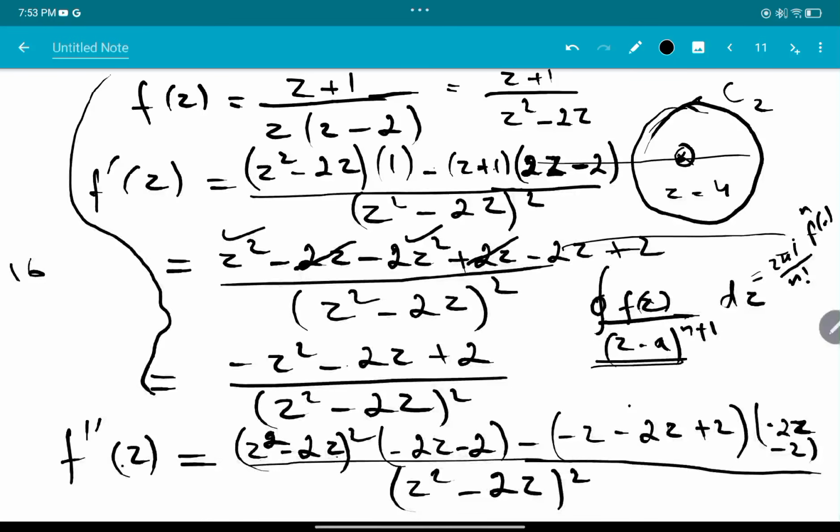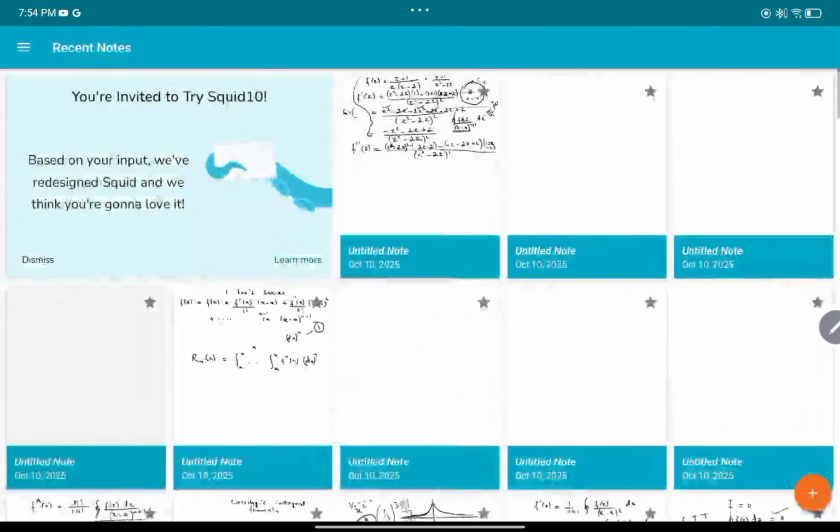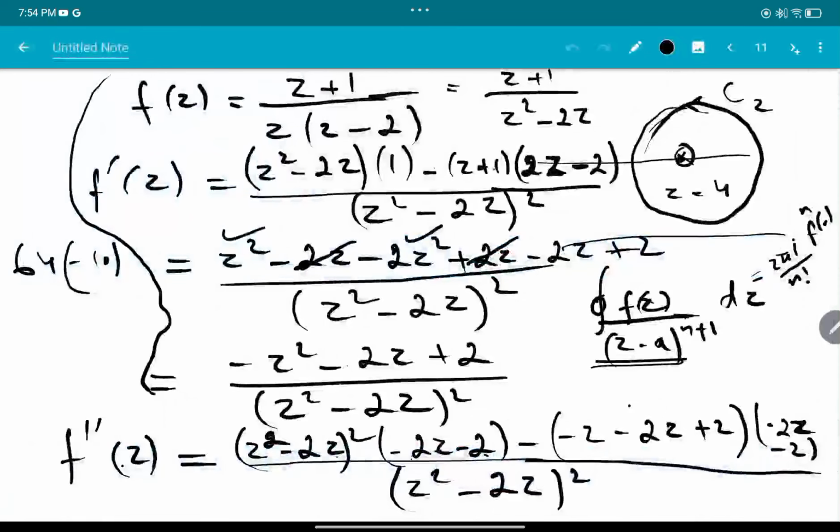Then square, 8 square is 64, into minus 2 into 4, minus 8, minus 2, minus 10. That piece is minus 640.